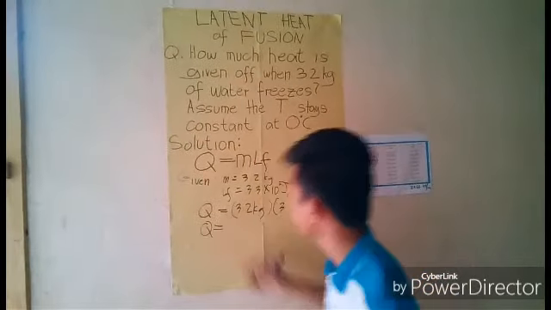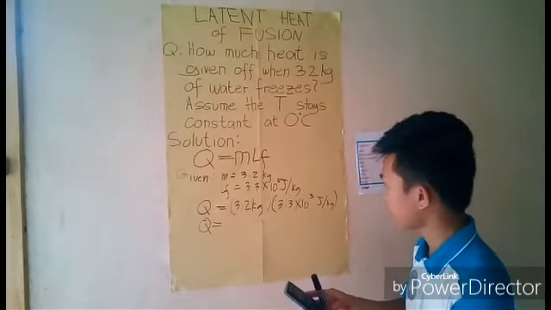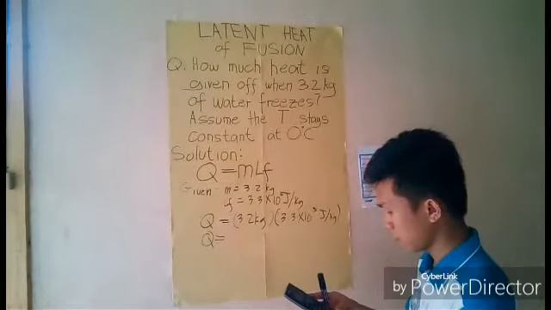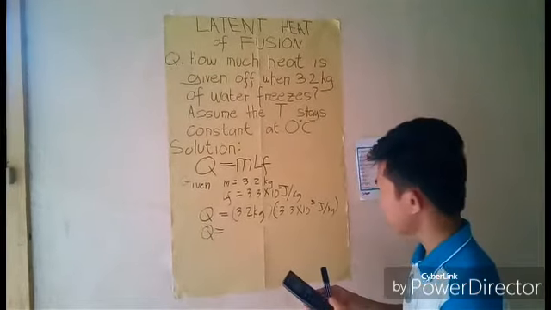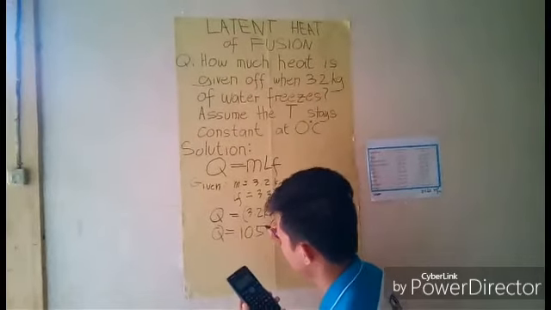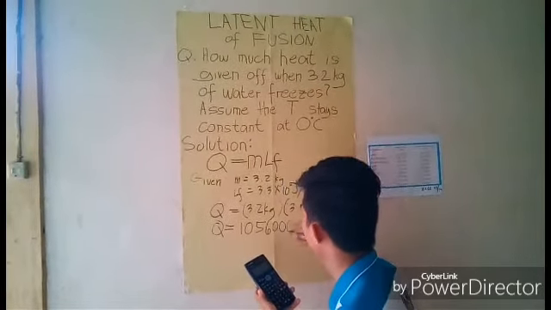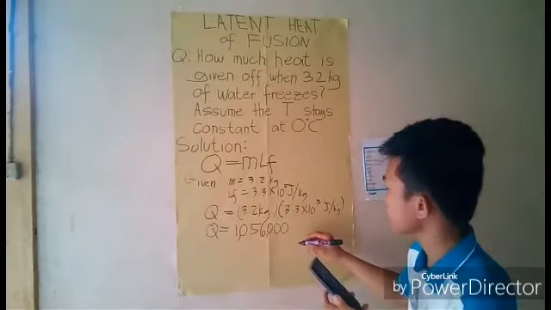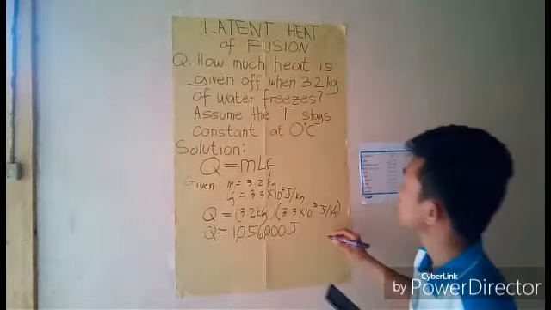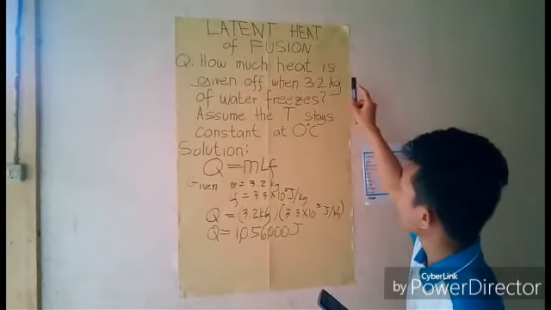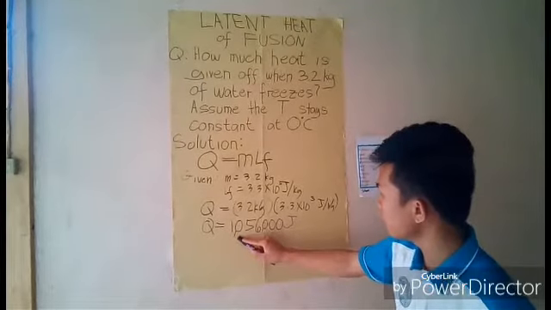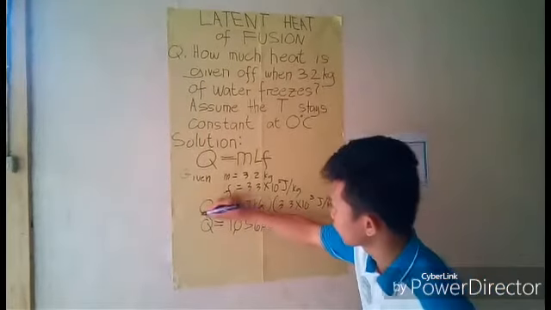So the heat given off when 3.2 kilograms of water freezes is equal to 1,056,000 joules.